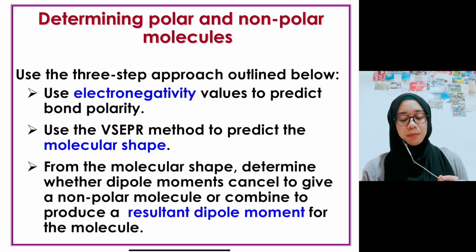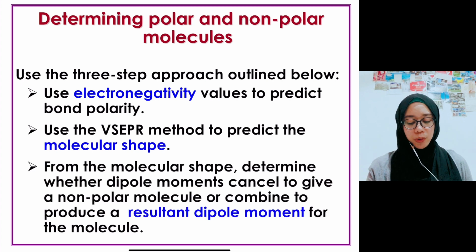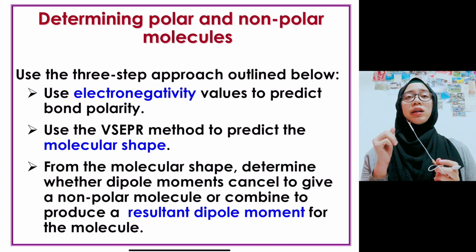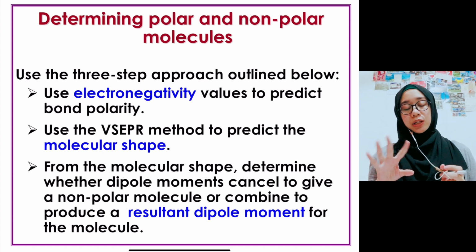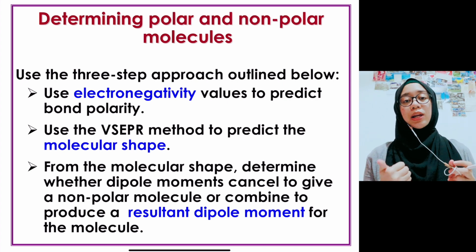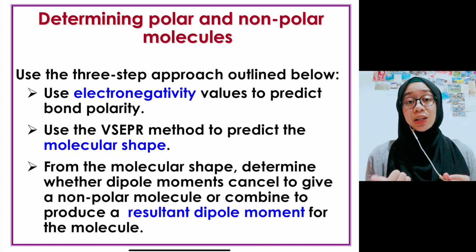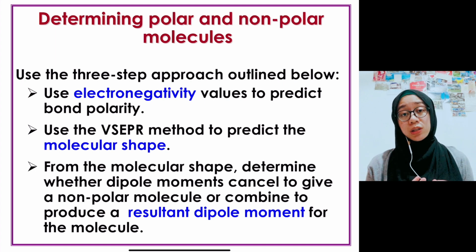Okay, and then from the molecular shape, determine whether dipole moment cancel to give a non-polar molecule, ataupun kalau kita combine to produce a resultant dipole moment for a molecule. Okay, so kiranya yang ketiga, lepas kamu dah tentukan shape, kita tengok boleh cancel off each other ataupun tidak dipole moment. Okay, whether the resultant dipole moment is actually 0 ataupun does not equals to 0.